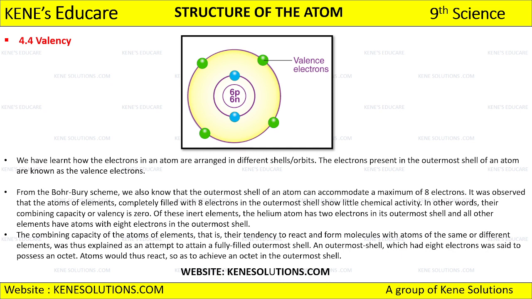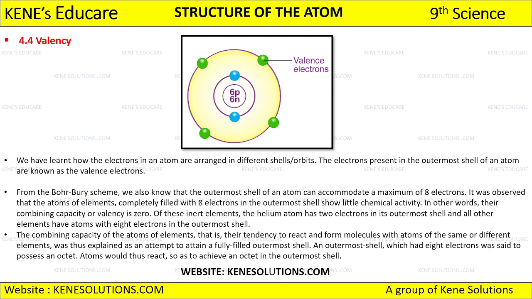Now if there are certain atoms which have 8 electrons in the outermost shell, they show little chemical activity. In other words, their combining capacity or valency is going to be 0, because they are stable. They have 8 electrons in the outermost shell, and we know the L shell requires 8 electrons to become stable.